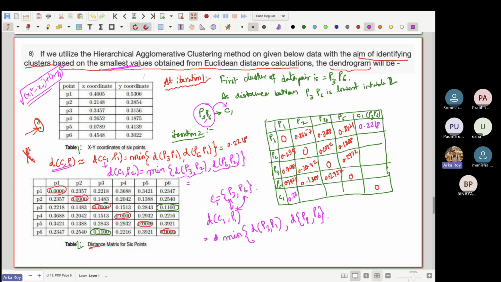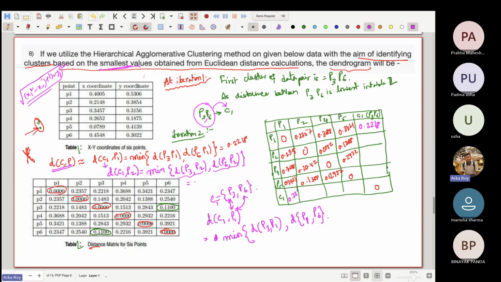So in this case, D(P3, P2), the distance from P3 to P2 is 0.1483 and from P2 to P6 is 0.2540. So that means it would be 0.1483.